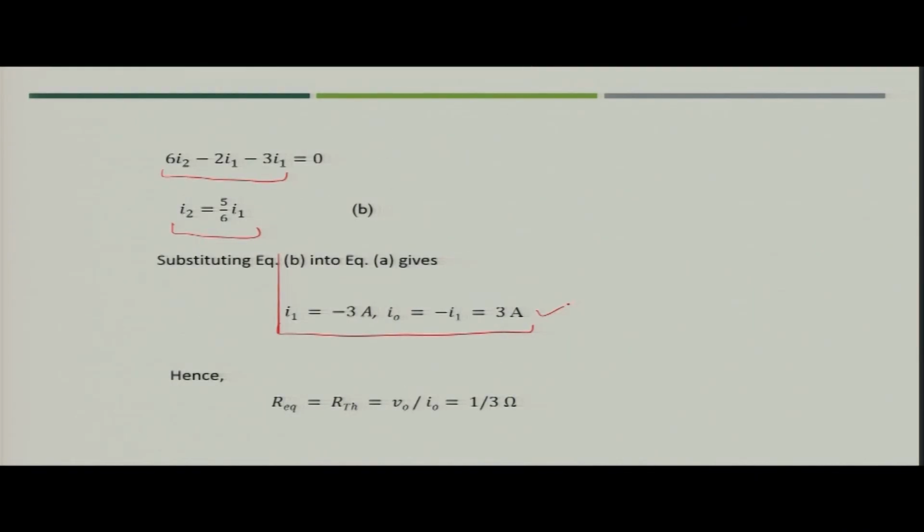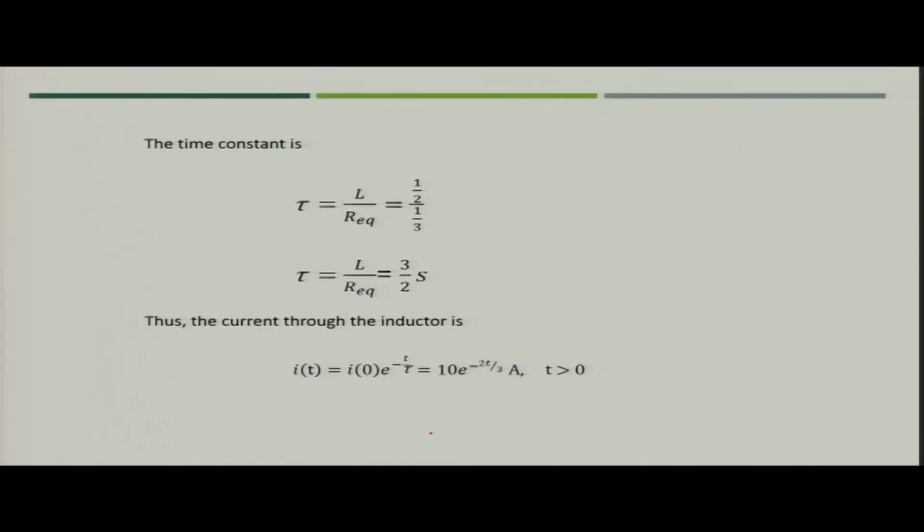So, we get I0 as 3 ampere. Now, R equivalent is nothing but the Thevenin resistance, and its value is V0 upon I0. V0 is 1 volt and I0 we have just calculated as 3 ampere. We get 1 by 3 ohm as the Thevenin resistance.